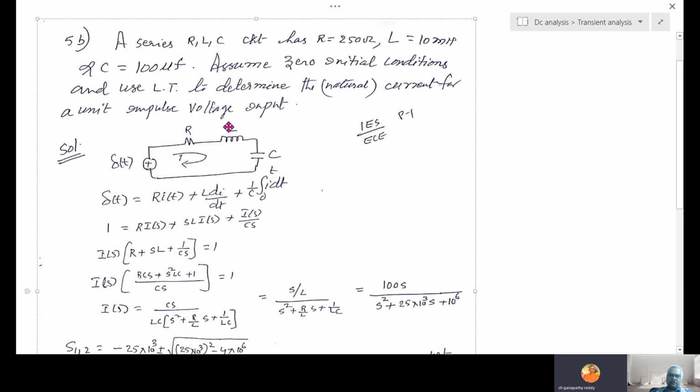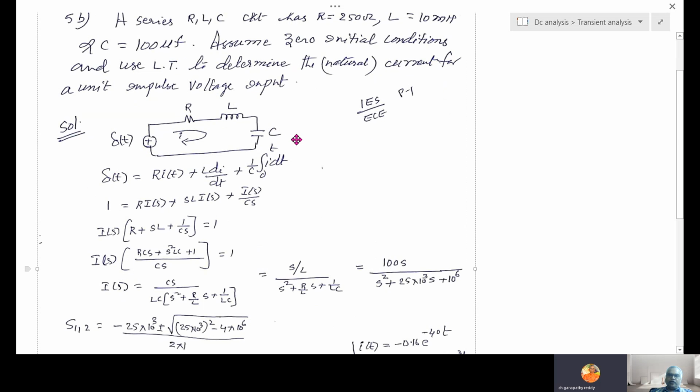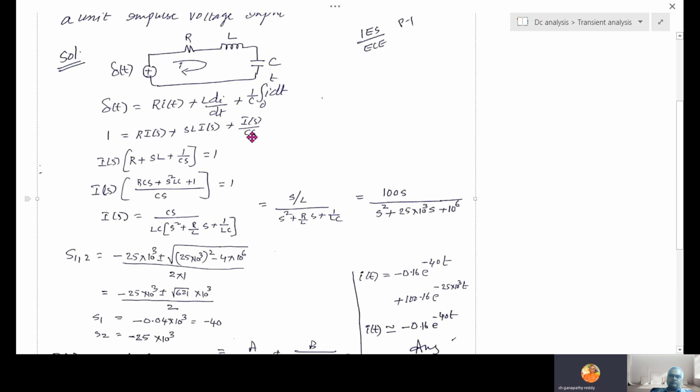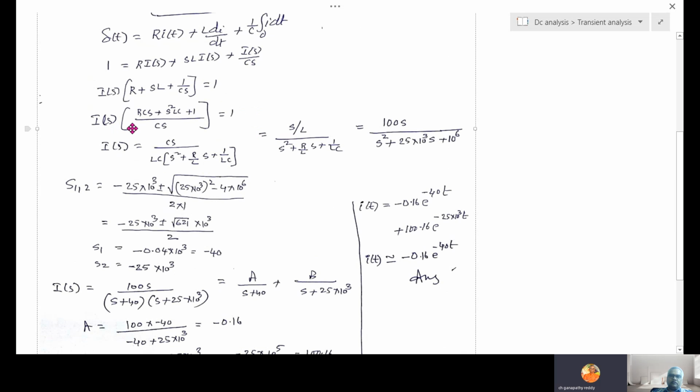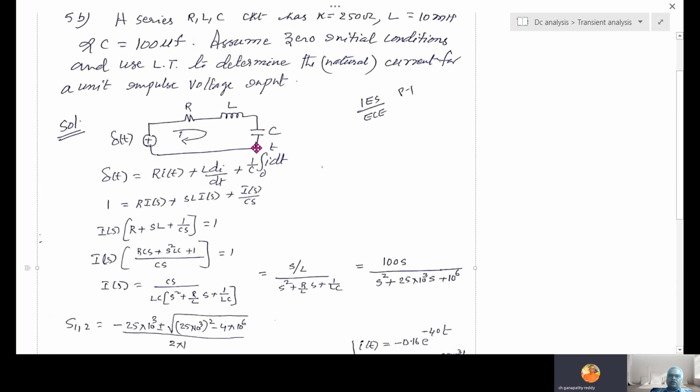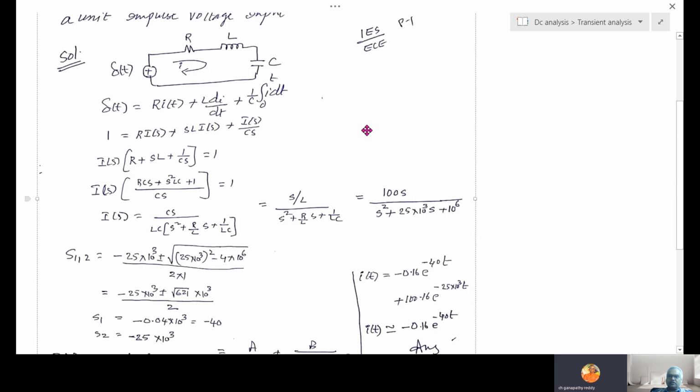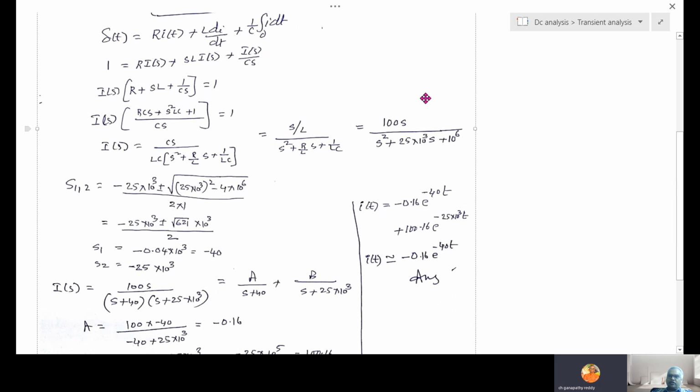We said using Laplace. So write a time domain equation and apply Laplace. The Laplace of impulse is 1: R into I of s plus sL I of s plus I of s by sC. Zero initial conditions, so those terms become zero. Then, with the RLC numerical values given, you get this second order equation, s square plus s into something.